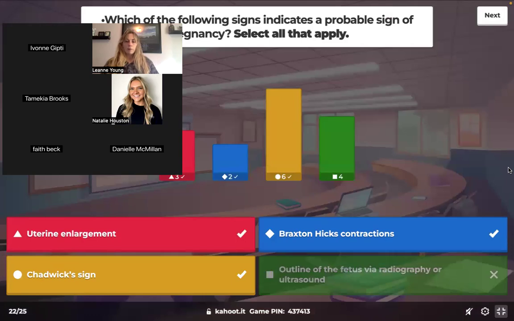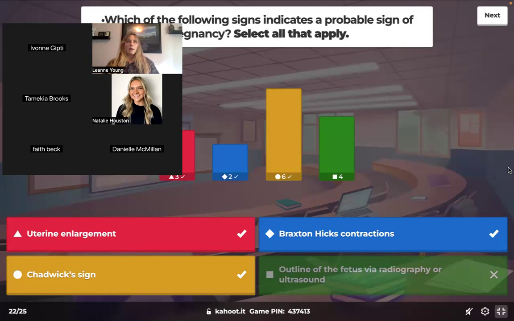Yep, so probable signs of pregnancy are your uterine enlargement, your Chadwick's, and your Braxton Hicks contractions. The outline of the fetus on an ultrasound is the definitive sign of pregnancy. Probable signs are the ones where yes, that probably does mean you're pregnant, but the only way we can 100% verify pregnancy would be visualizing or auscultating the fetus via ultrasound or a Doppler.